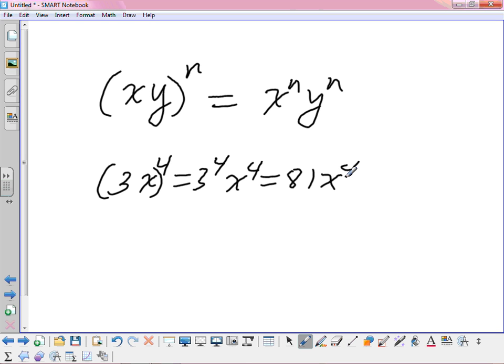So 3x as a base set of factors to the 4th power is the same as 3 to the 4th power times x to the 4th power. So that's a review of the basic properties of exponents.